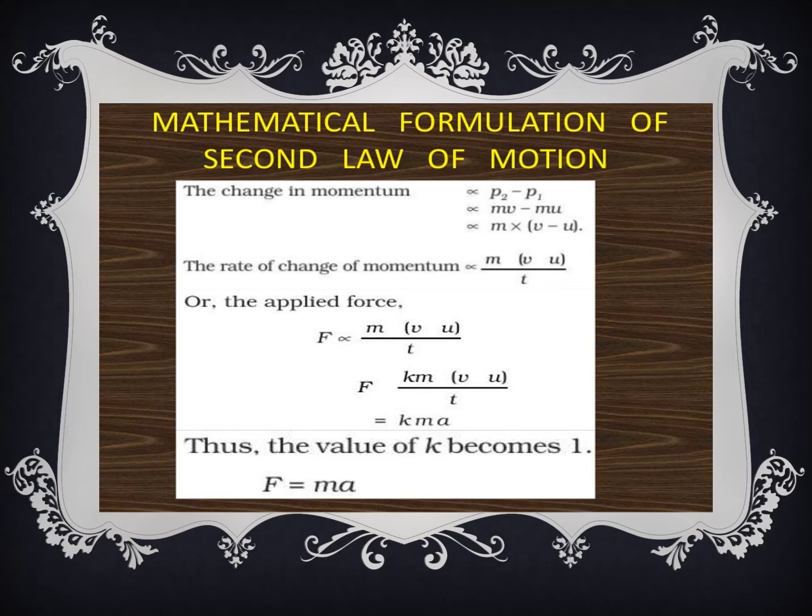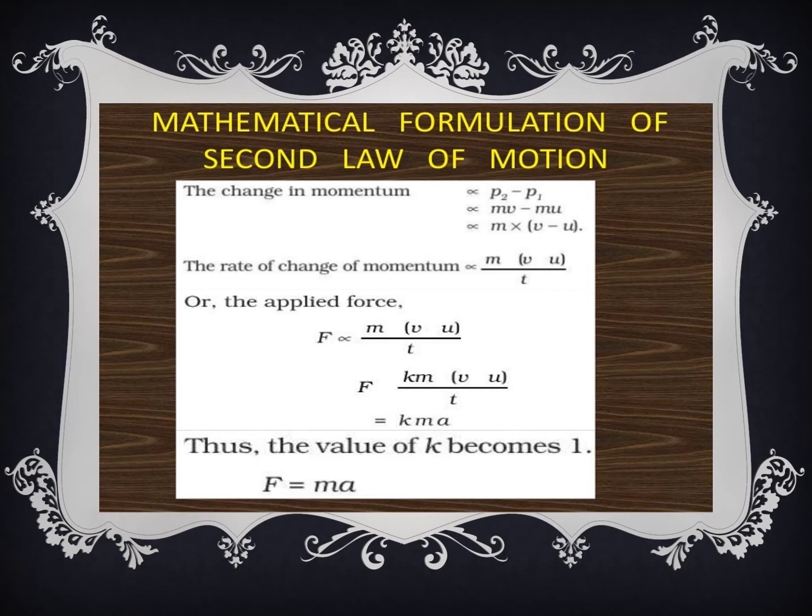Now, we know that acceleration is given by the rate of change of velocity. So, the acceleration is represented by a, and the rate of change of velocity is represented by v minus u upon t. So using this, in equation number 1, instead of (v minus u)/t, substitute a.